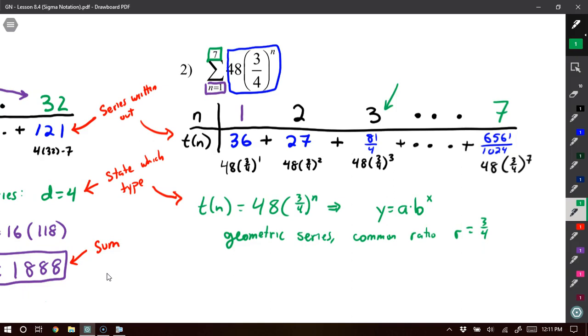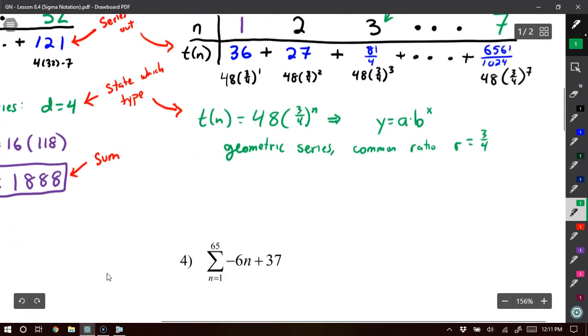Well, if I see it's geometric right away, I could take 36 times 3/4, that gives me 27. I could take 27 times 3/4, and that gives me 81/4. So it's extremely beneficial even before you start listing out the series to know whether it's arithmetic or geometric. Now that it's geometric, I can find the sum.